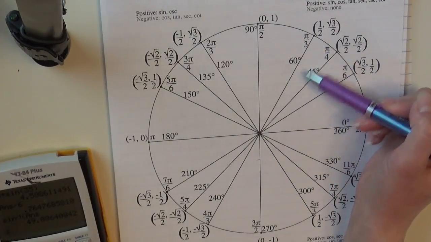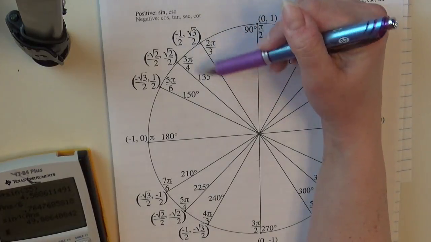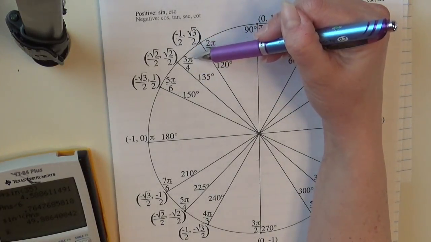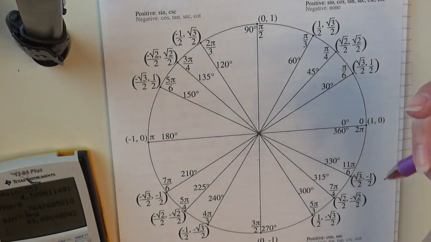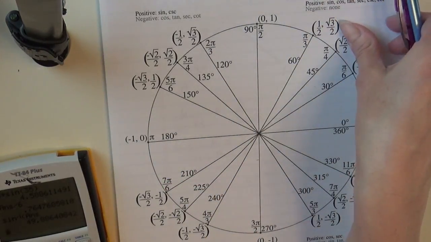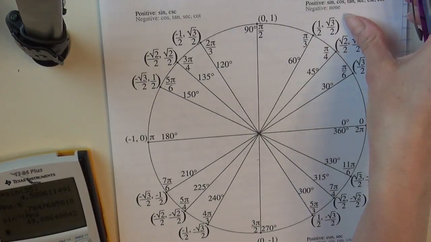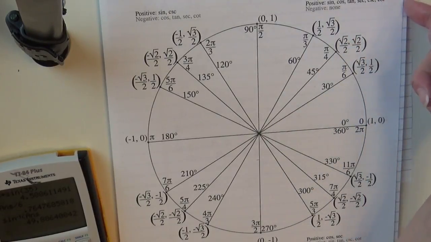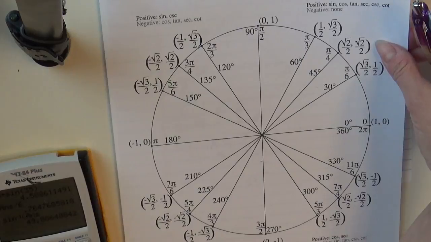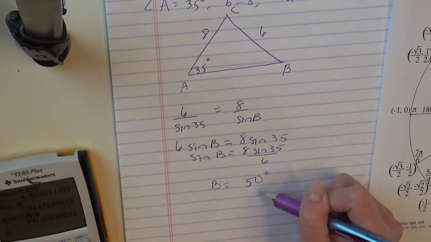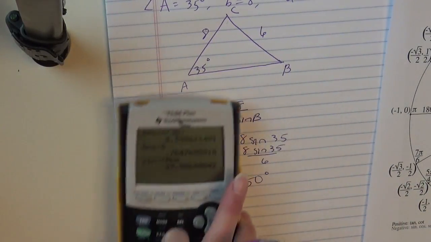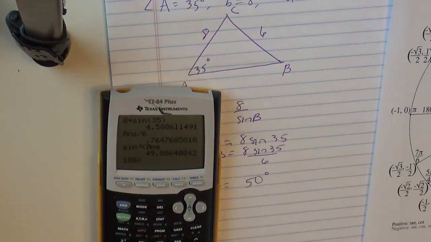We know that there's a reference angle on the other side over here that's going to give us the same sine value. To find it, we can just subtract from 180, or get the supplement. Excuse me, the complement. The supplement, that's right, supplement. So we're going to do 180 degrees minus the answer that we got. So the supplement of 50 degrees is going to give me 130 degrees.